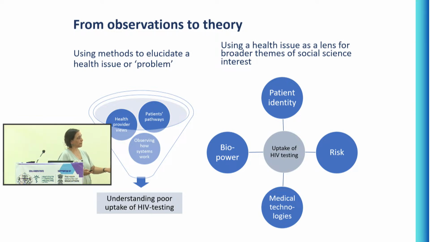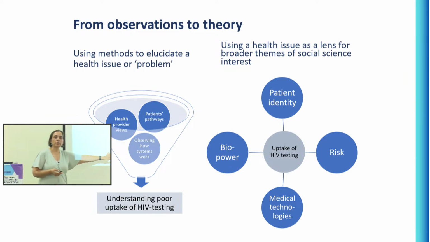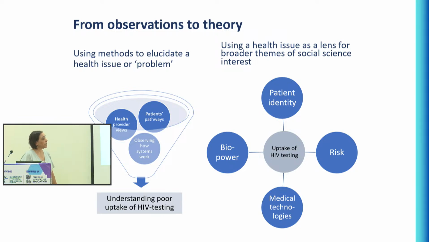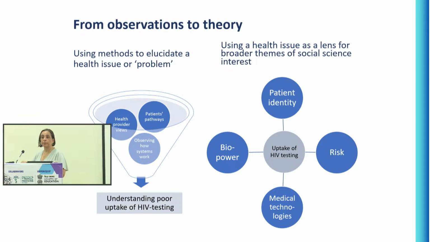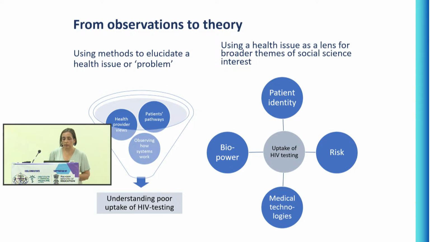So how do you go from those observations, which entail some interpretation of the situation, to formulating a theory? Let's look at an example. Let's say we are doing some research on understanding low uptake of HIV testing, and we're collecting different kinds of data because we think that we need to get perspectives from lots of different people. So we're collecting patient perspectives, or let's say community perspectives.